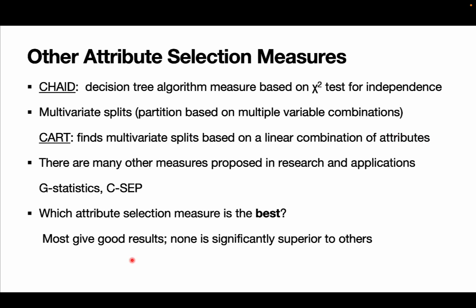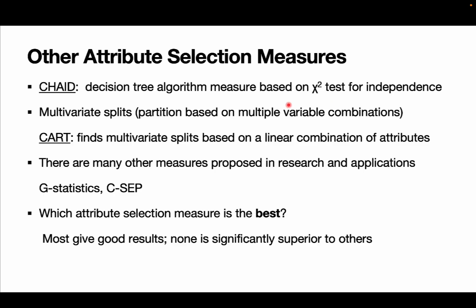More on attribute selection measures, there is one based on the chi-square test. The chi-square test evaluates independence. If a test of independence fails to separate the samples, then the null hypothesis cannot be rejected, which means the attributes remain grouped.